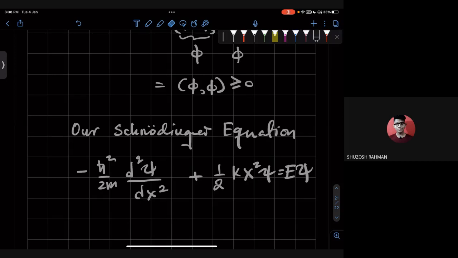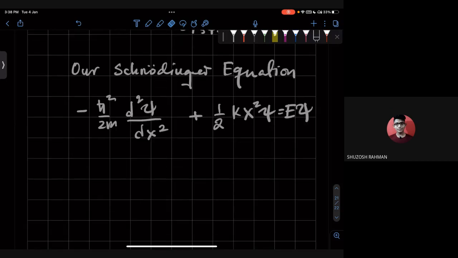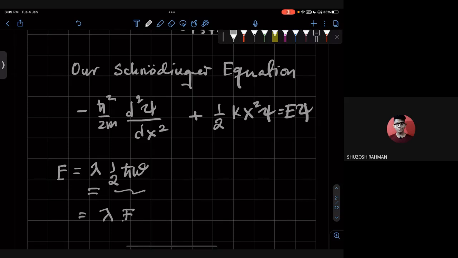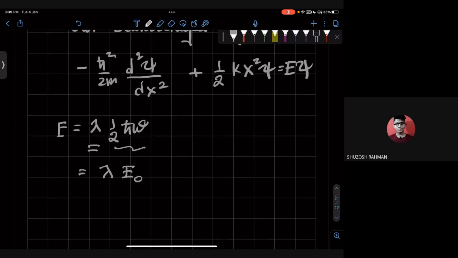So how do we do this? Well, for the sake of convenience, we introduce a dimensionless parameter to measure energy. So energy is going to be measured in units of half h bar omega. So lambda is a dimensionless measure for the energy. This we are going to call E naught, the ground state energy, we'll see.